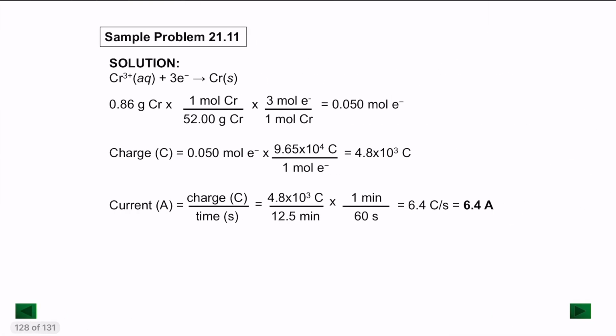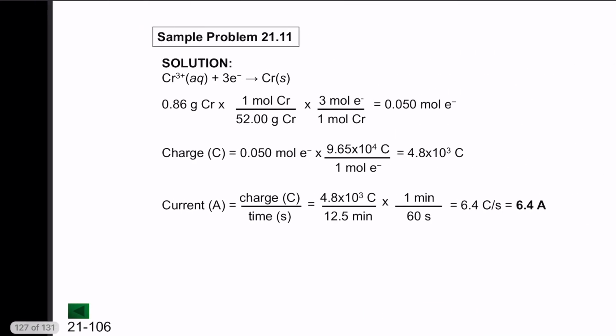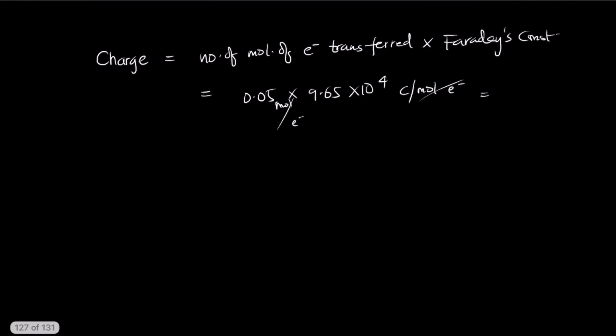Now multiply it with the Faraday constant, which is 9.65 times 10 to the power of 4 coulomb per mole of electrons. So the moles of electrons cancel, and you end up with the charge, which is 0.05 times 9.65 times 10 to the power of 4.